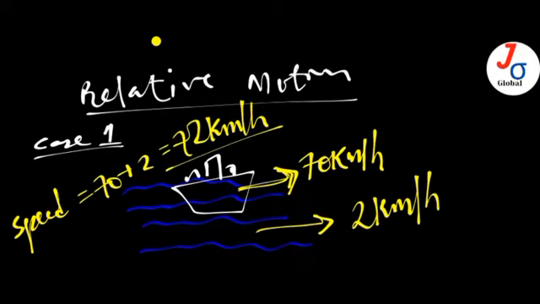Because as the ocean is also moving in the same direction, you're adding 2 kilometers per hour to the speed of the boat. If I'm staying at the shore, the ship is moving at 72 kilometers per hour, while those inside the ship will think they are moving at about 70 kilometers per hour. But me at the shore, I'm going to see them moving at 72 kilometers per hour.